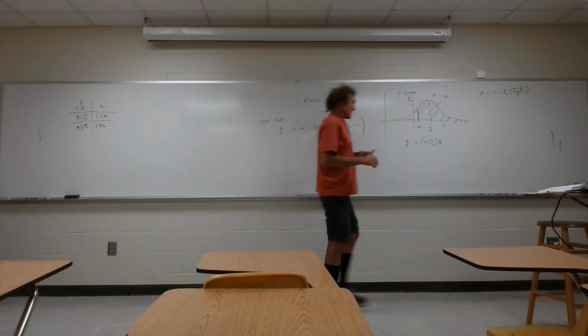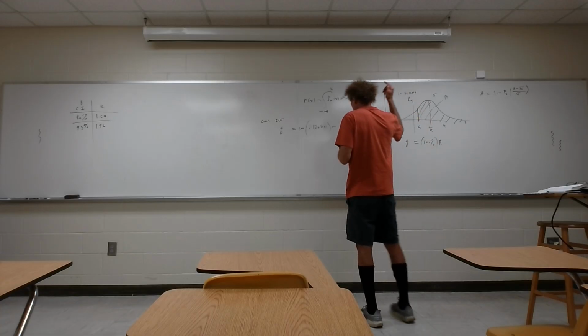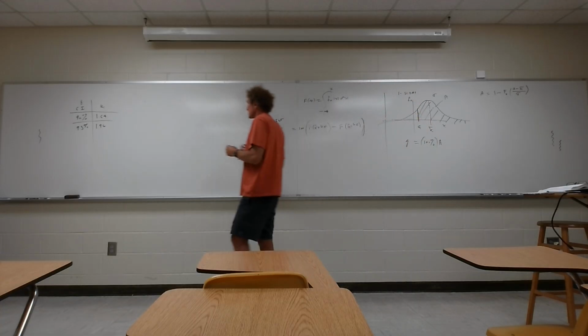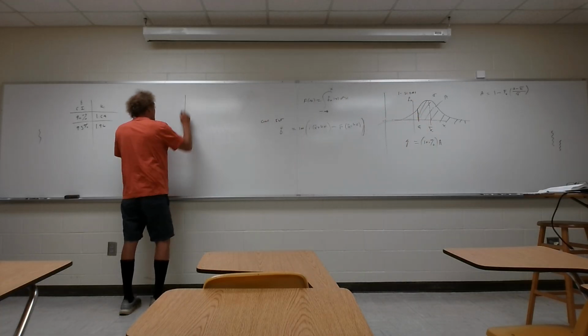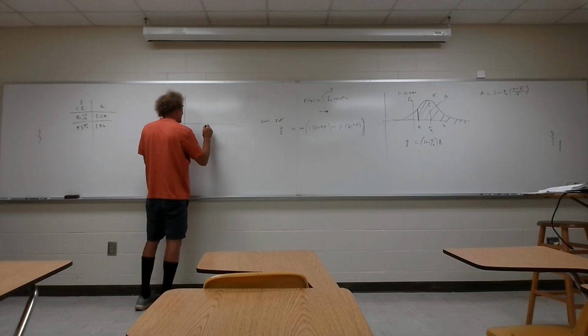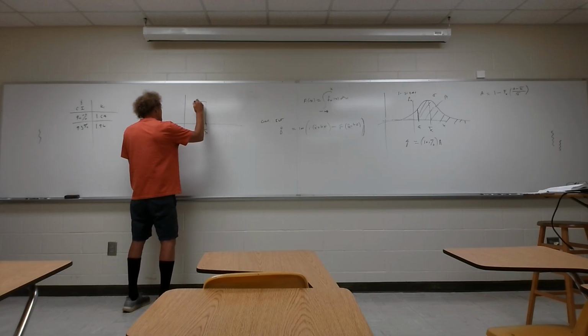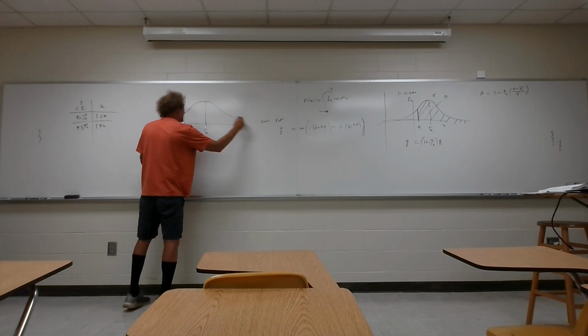Now, let me try to say one other thing about this. I'm going to redraw what I drew there. So I've got a mean value here of x, and here's the distribution function for my f of x.